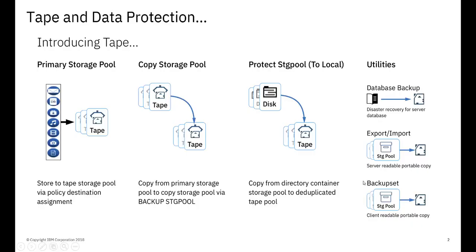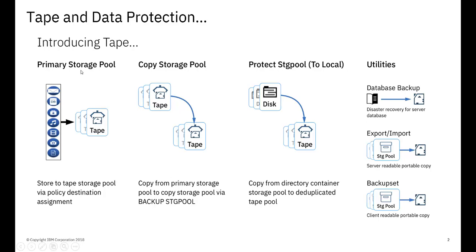So tape has been an integral part of Spectrum Protect since its inception, and it will continue to be an integral and important part of our storage hierarchy. When we look at tape, tape can be utilized as a primary storage pool.